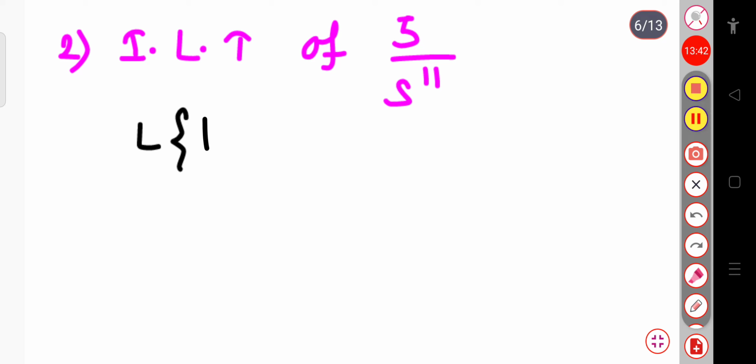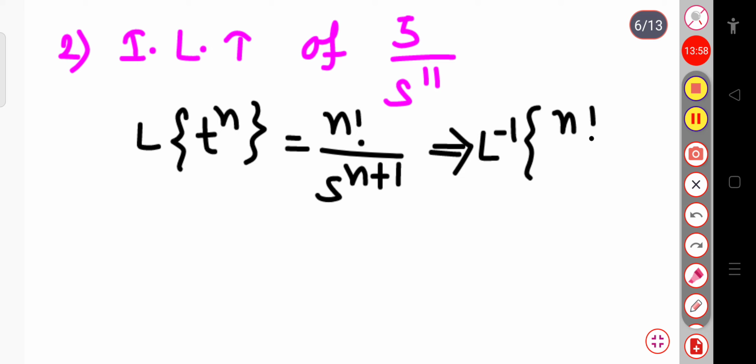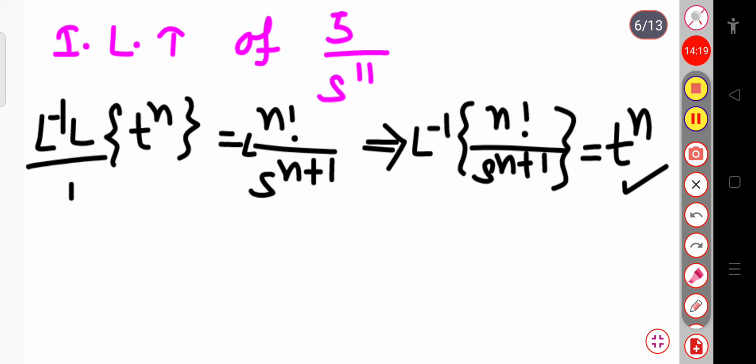We know the Laplace transform of t power n is nothing but n factorial divided by s power n plus 1, so the Laplace inverse of this function will be equal to t power n, because if I take the Laplace inverse of both sides, I get 1 into t power n, which is t power n, and this is equal to the Laplace inverse of this much.